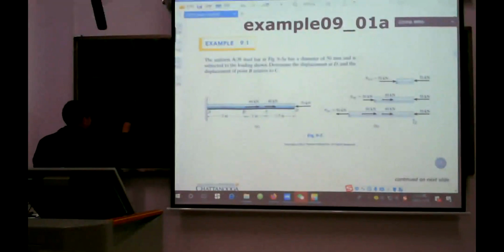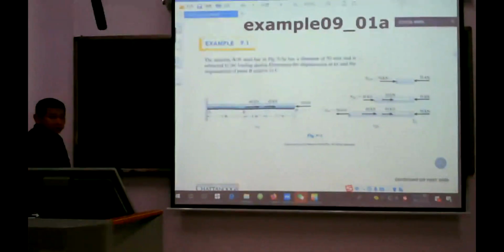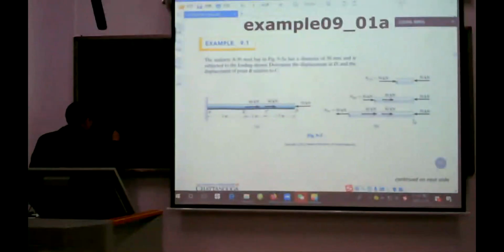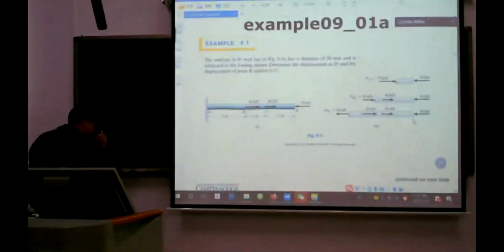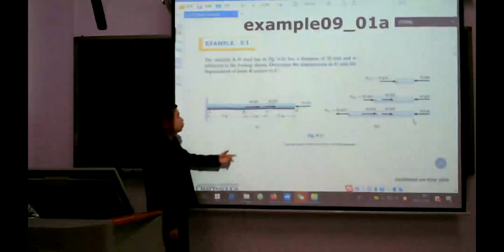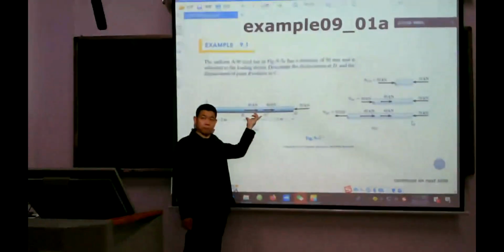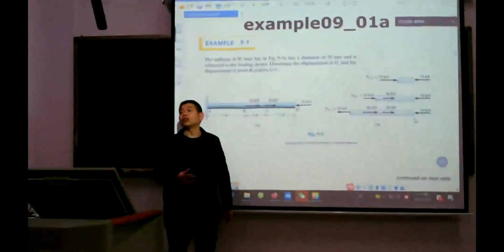I always assume it's in tension. And we'll find it's how much? It's minus 30. It means for the section of BC, it's in compression.